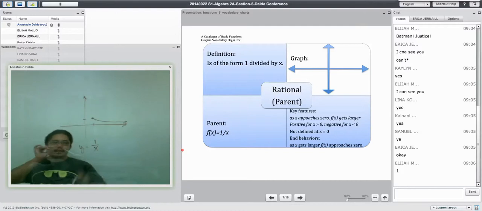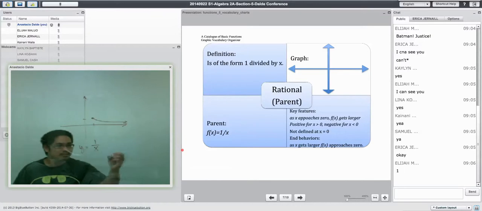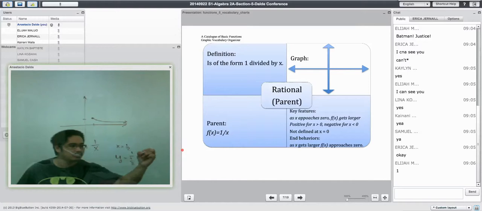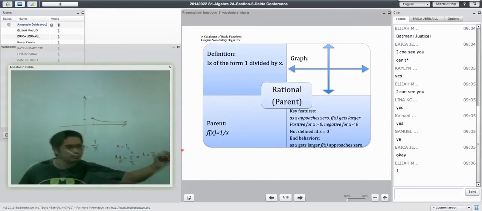Now, as x gets to be a fraction, let's say between 0 and 1, as we let x get closer and closer to 0, let's pretend that x is equal to 1/2. Then what happens? Well, y equals 1 over 1/2, giving me 1 times 2 over 1, because you take the fraction on the bottom, flip it over, and multiply, so you end up getting 2.